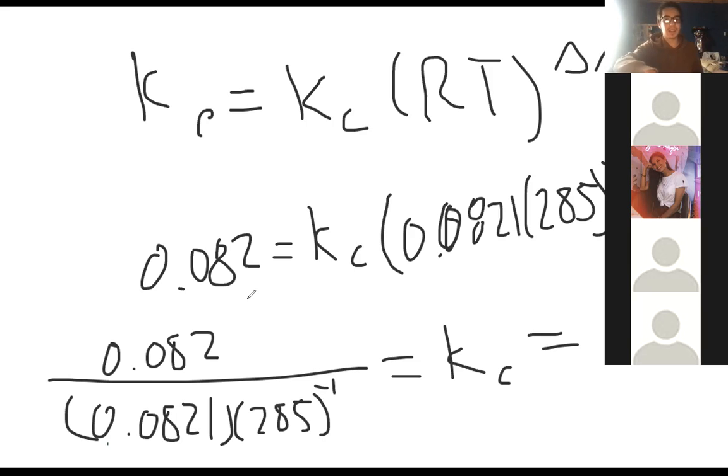So that we get a final answer of, let's see, 0.0821 times 285 to the power of -1, 0.082 divided by answer.